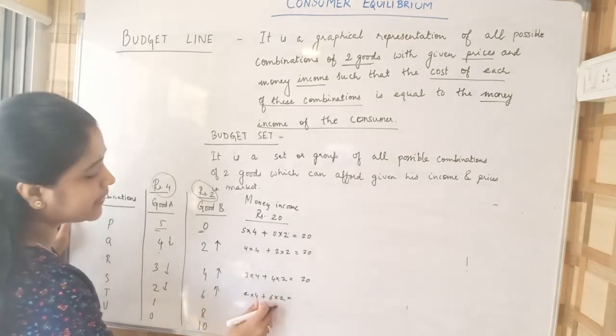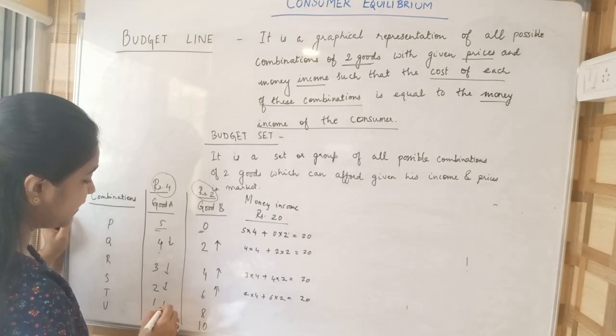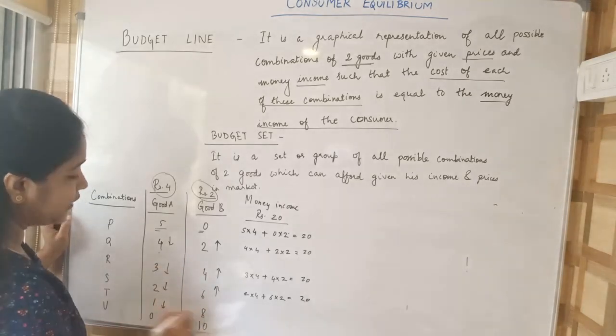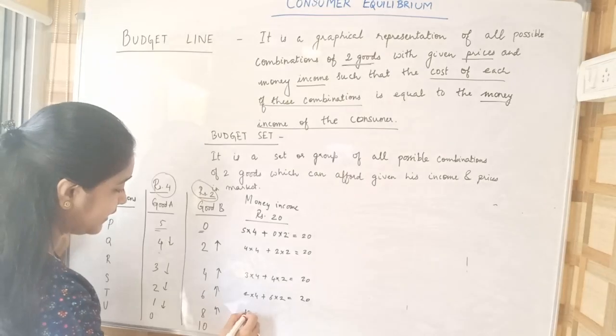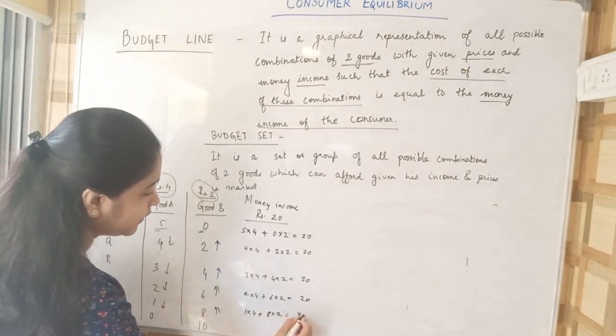So this is 8 plus 12, which is again 20. Then again decreasing good A, so purchase of good A has come down to 1 unit, and this is increased by 2 units again. So 1 into 4 plus 8 into 2, that is again equal to 20.